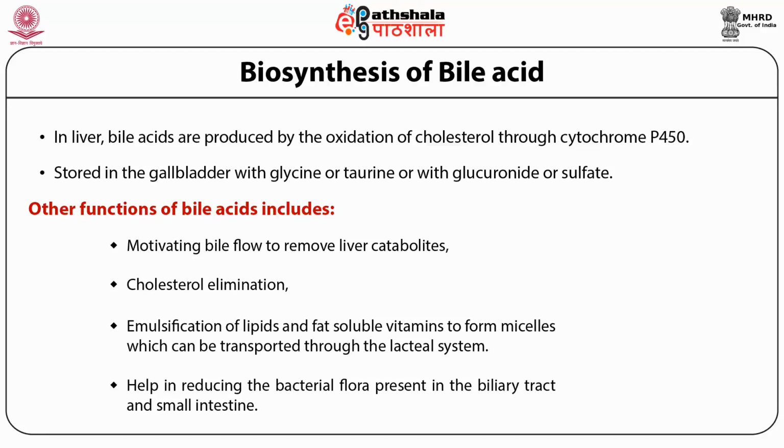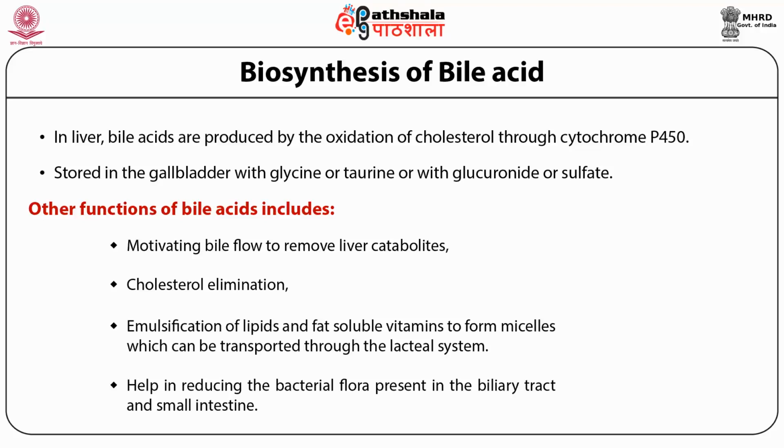At intestinal pH, conjugated bile acids are more competent at emulsifying fats as they are more ionized as compared to the unconjugated bile acids.